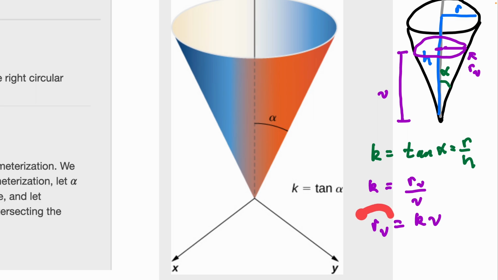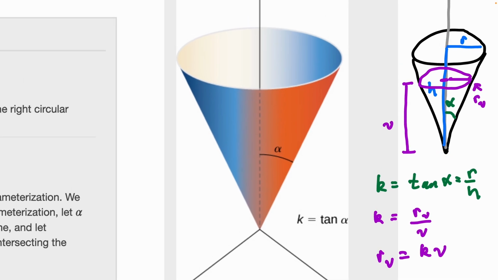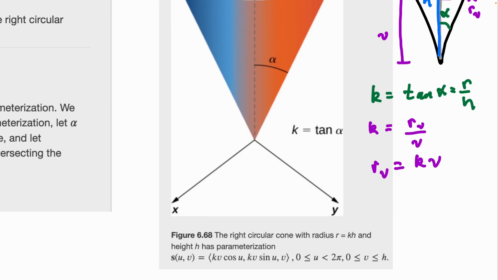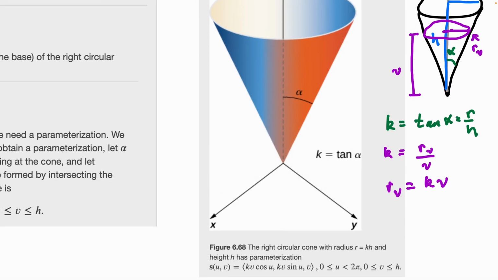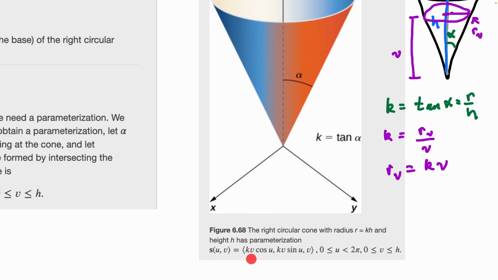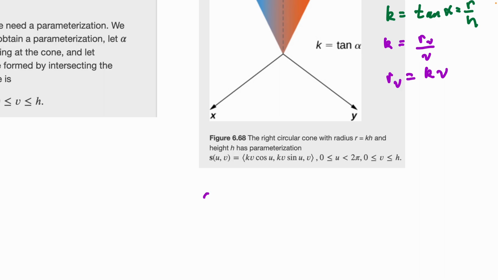So what does that tell us? This R stands for radius. It's the radius of this cross section occurring at any height V, and the heights that we're interested in are from 0 up to H. So that circle, the purple circle that I've drawn, can be described as kV cosine U, comma, kV sine of U, where U is playing the role of theta, so take U between 0 and 2 pi.